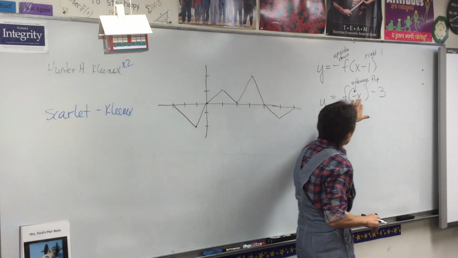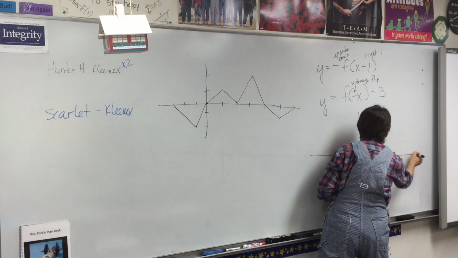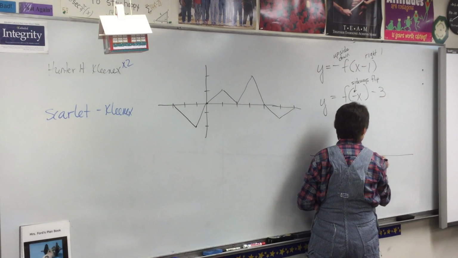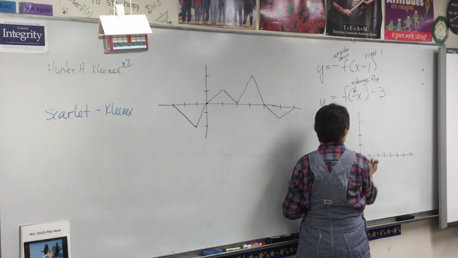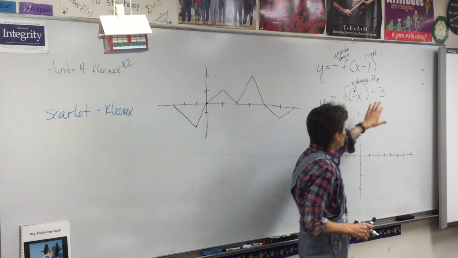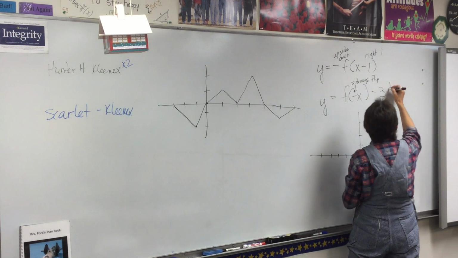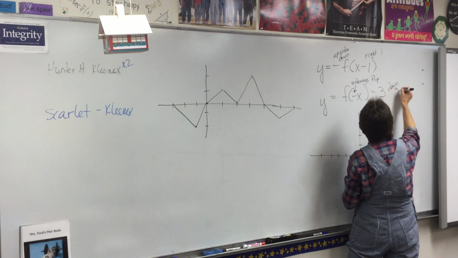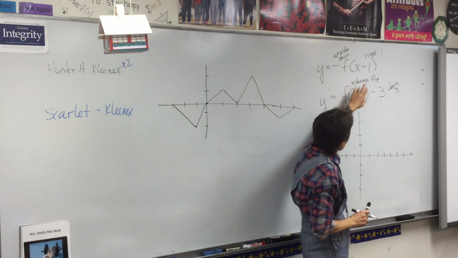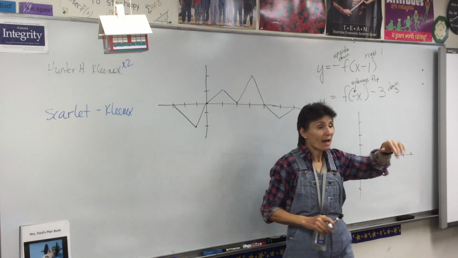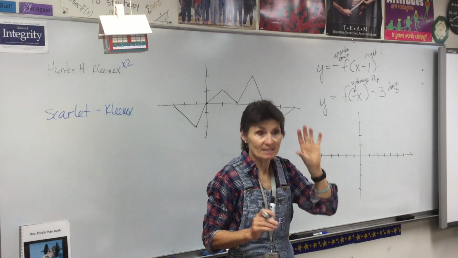If it's in here, if it's on the X itself, when we draw this picture, everything that was on the left is going to the right, and vice versa. Okay? What about this minus? Down 3. So in these two examples, you can see the impact of a negative and of a minus. But the impact's different in each problem because the negative and the minus is in a different spot.